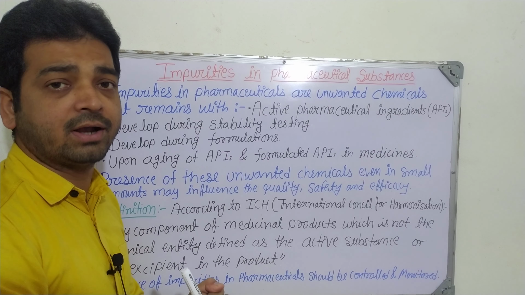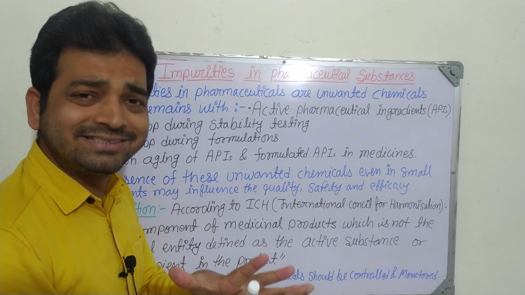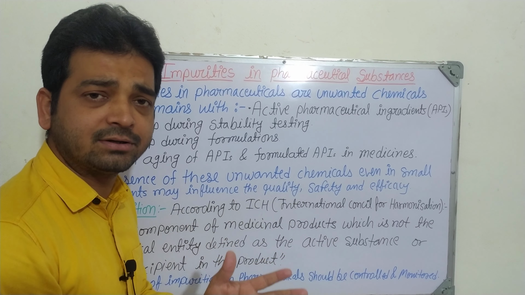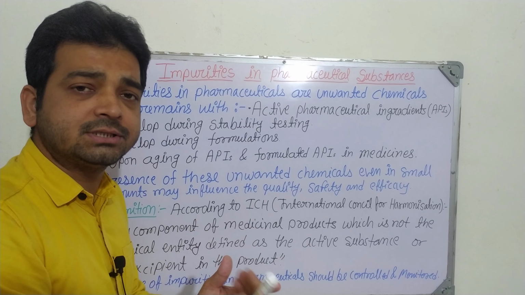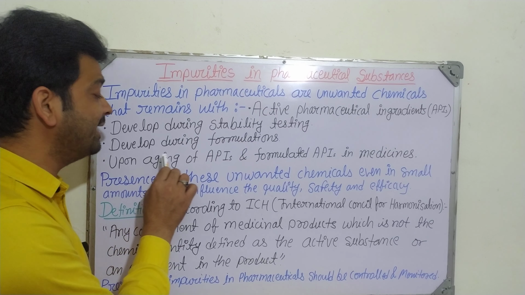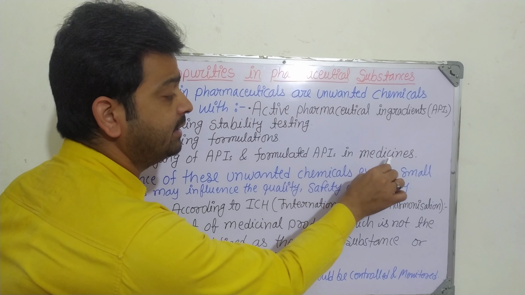Whenever we are manufacturing or formulating any tablet, capsule, ointment, lotion, syrup, spirit, ophthalmic or parenteral preparation, impurities may develop during that process also. The next reason is aging of the API and of the formulated API in medicines.